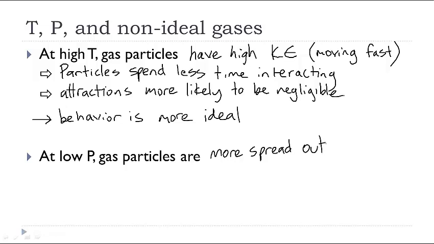As you increase pressure, the way to increase pressure is to squeeze things close together. So at low pressure, you're allowing things to separate more. So low pressure gas particles are going to be more spread out. If they're more spread out, what does that mean about the amount of space they take up and about how often they're interacting?